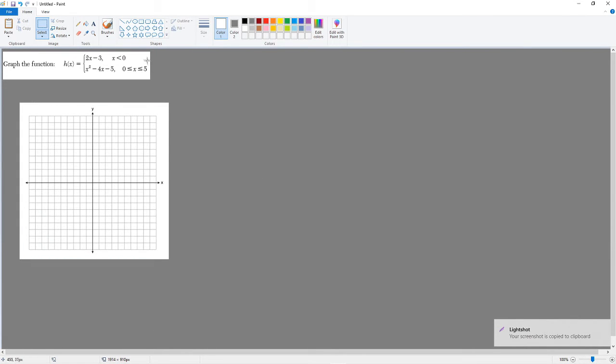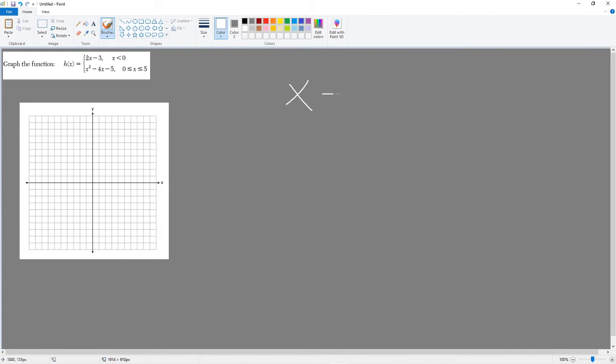Okay, so we're graphing the function here. We have h of x is a piecewise function. So when x is less than 0, meaning left of the y-axis, we have 2x minus 3. And when x is between 0 and 5, we have x squared minus 4x minus 5. So let's make a table.